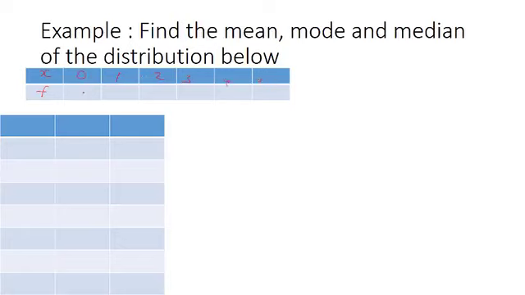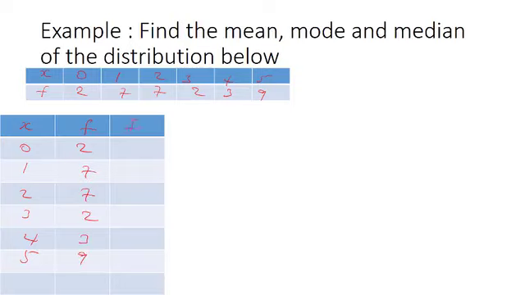Then in the place of f, let's use 2, 7, 7, 2, 3 and 9. So let's prepare a table. X here is 0, 1, 2, 3, 4, 5. Our f here is 2, 7, 7, 2, 3 and 9.